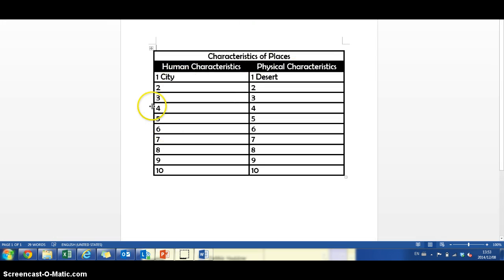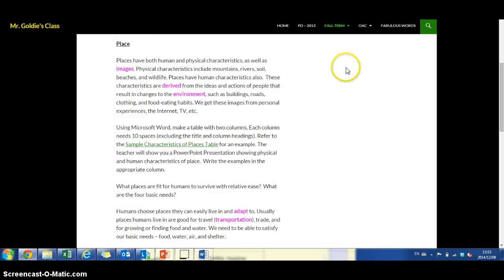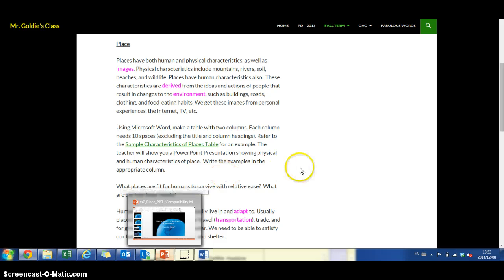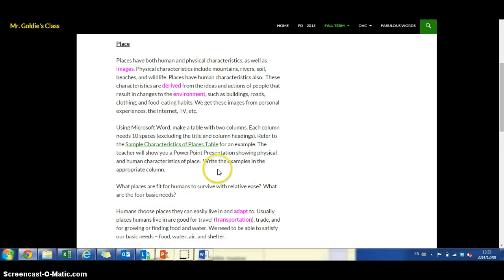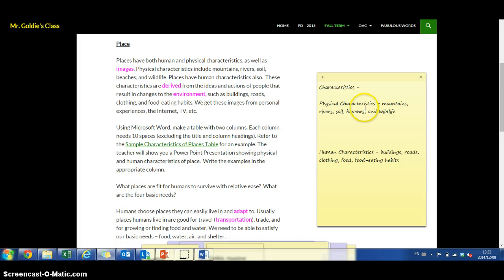Okay, please copy this one. Save that to your computer. And as you watch this PowerPoint presentation, please tell me if you are looking at physical characteristics or if you're looking at human characteristics.